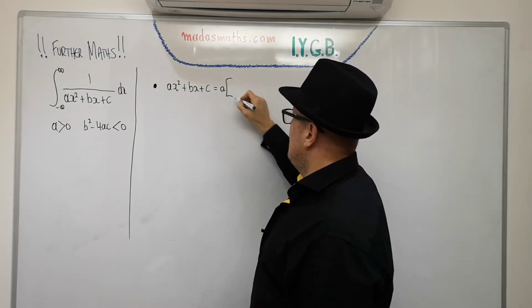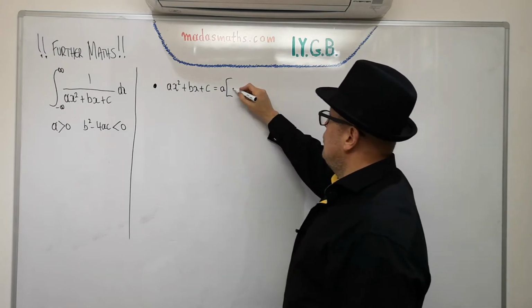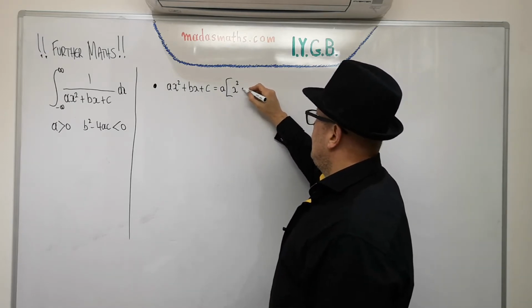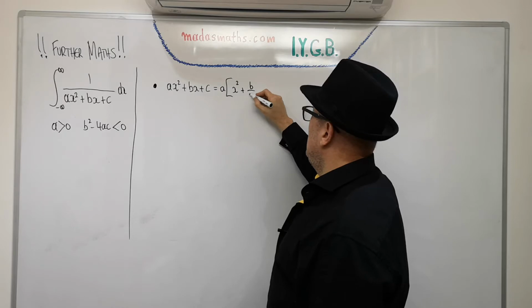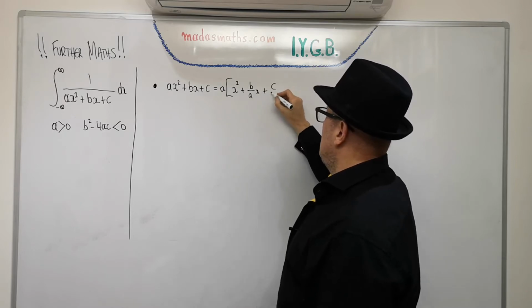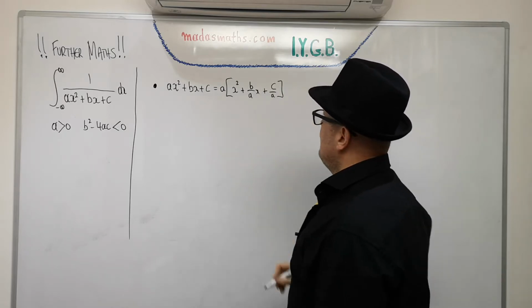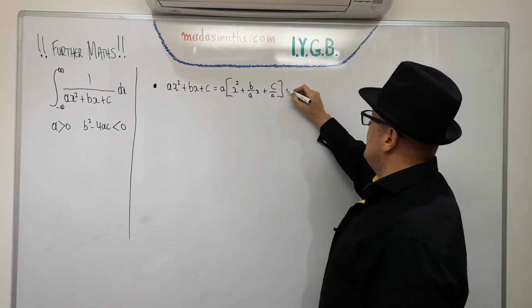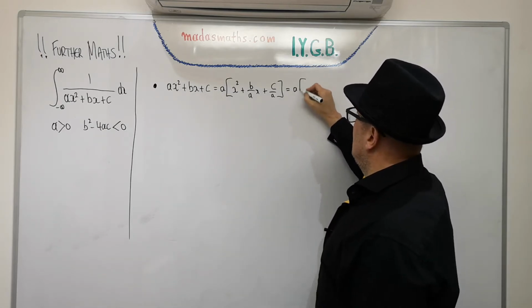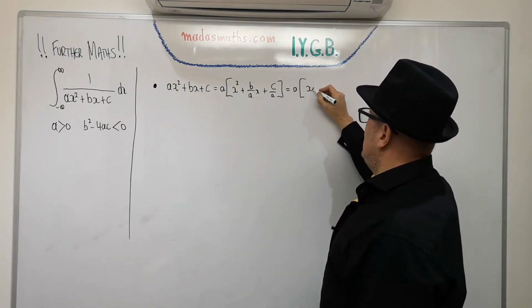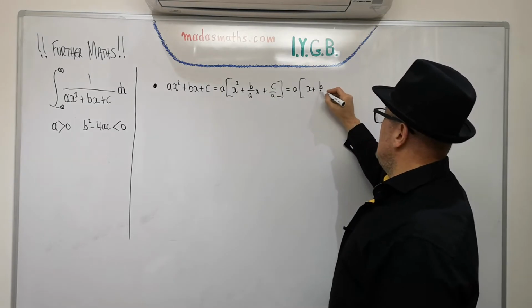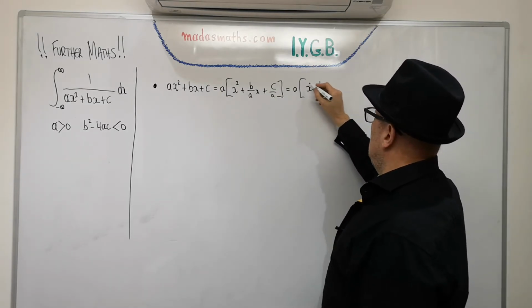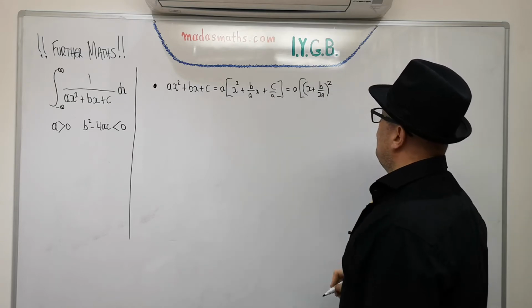Let's factorize an a out. We're going to get, of course, x squared plus b over a lots of x plus c over a. Then we're going to complete the square inside the square bracket. So it's going to be x plus half of this, which is b over 2a, in another bracket, all squared.